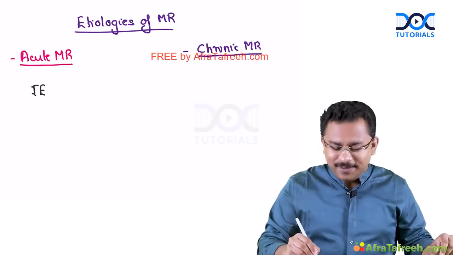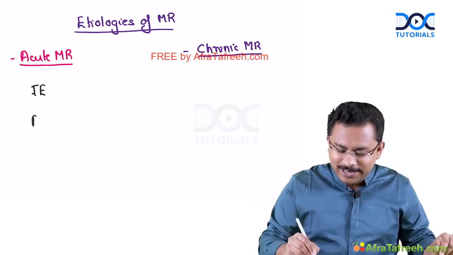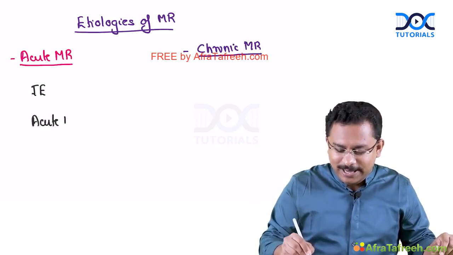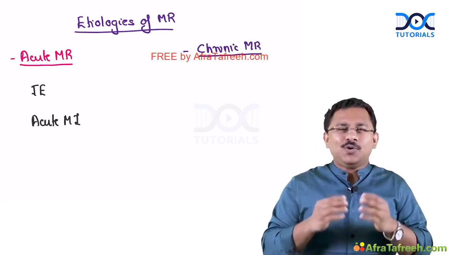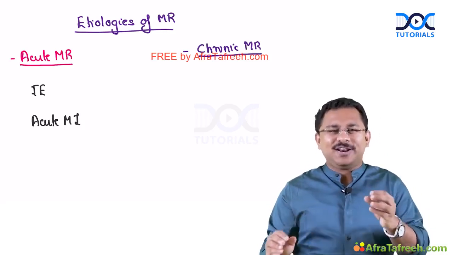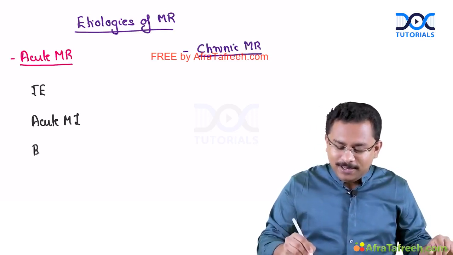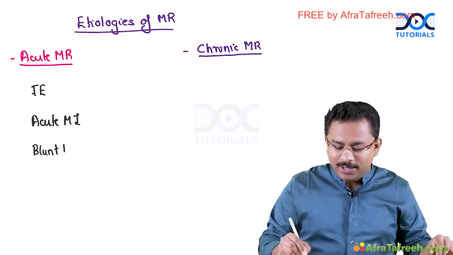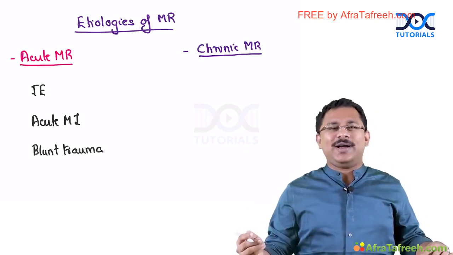Then you can have acute myocardial infarction, an acute MI as an etiology of acute MR, mostly because of rupture of the papillary muscles. You can even have blunt trauma leading to acute MR.